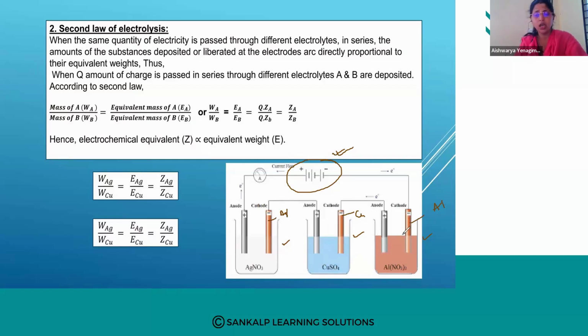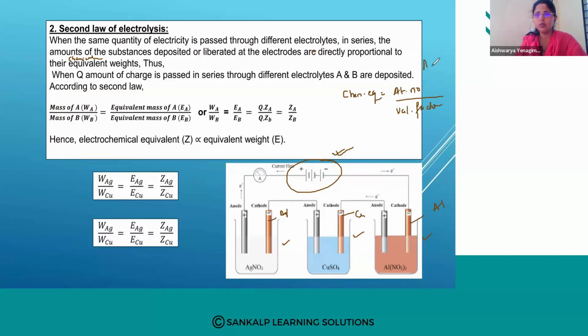In such a case, when you have connected them in series, the amounts of substances deposited at the electrodes are directly proportional to their chemical equivalent weights. And you know how chemical equivalent weight is calculated. Chemical equivalent weight is nothing but atomic mass divided by valency factor.